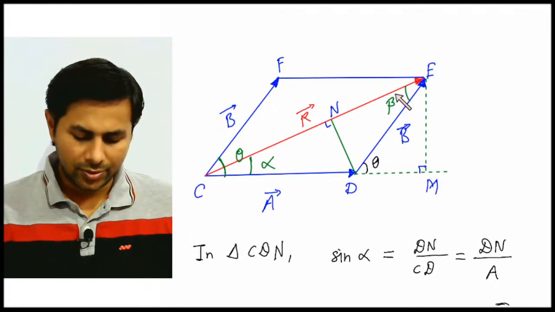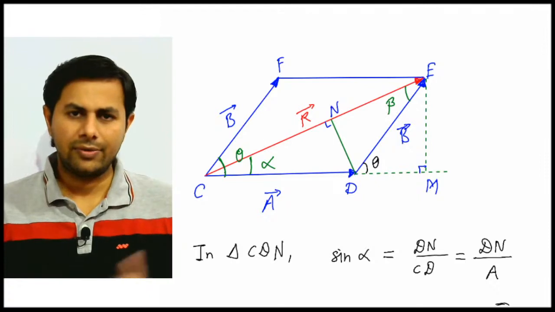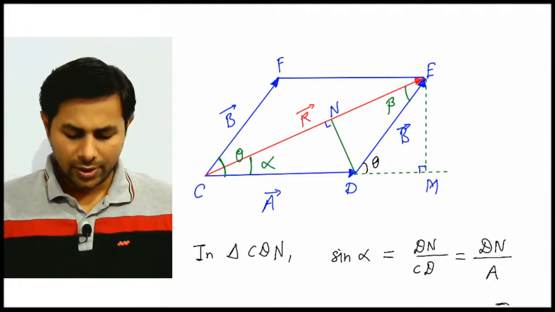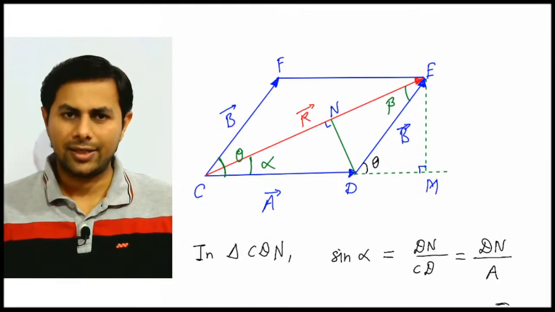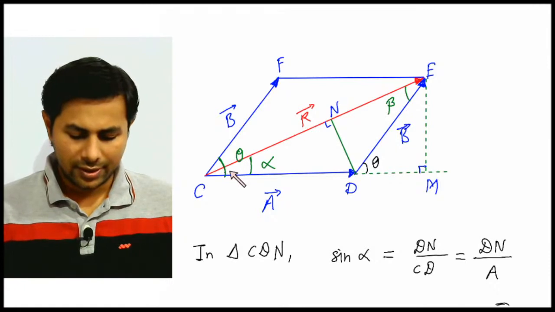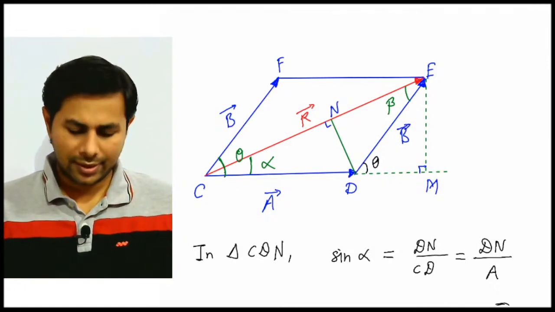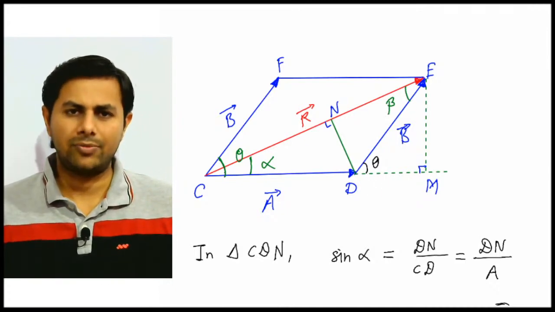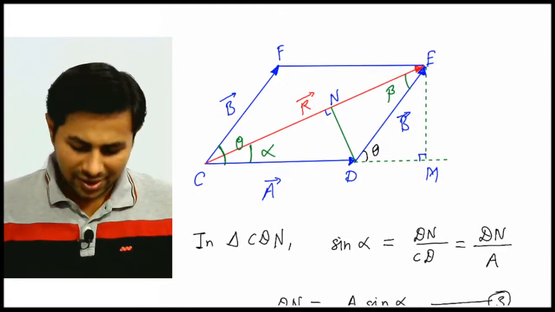So the magnitude of one vector, which is the resultant in this case, divided by the sine of the angle between the other two vectors is equal to the magnitude of, let's say, a bar divided by the sine of the angle between the other two vectors r and b. So it is equal to the magnitude of b bar divided by the sine of the angle between the other two vectors. Okay, so this is how we can memorize it.